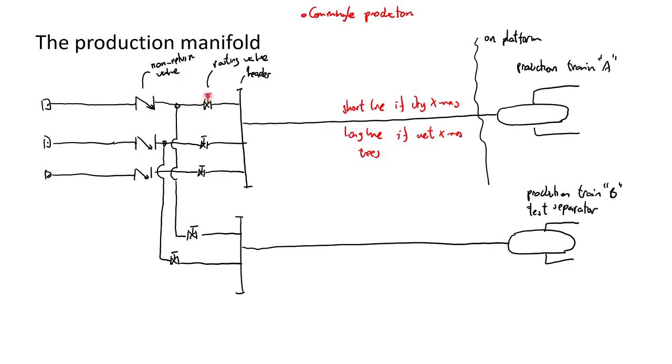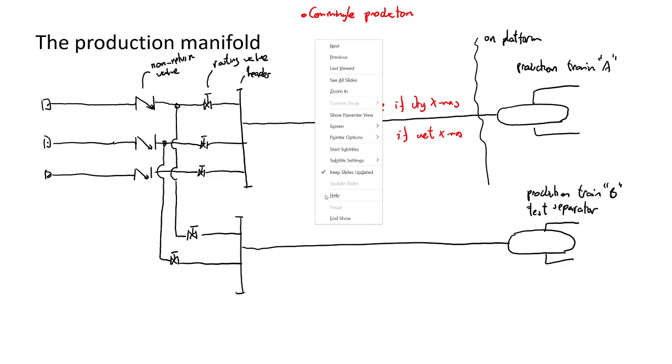I can send it, this one should be open, this one should be closed, and then I send it to production train A. But if I want to send it to B, then I can close this valve and open this valve, and then the well will flow to production train B. Okay, so this is another function of the production manifold.